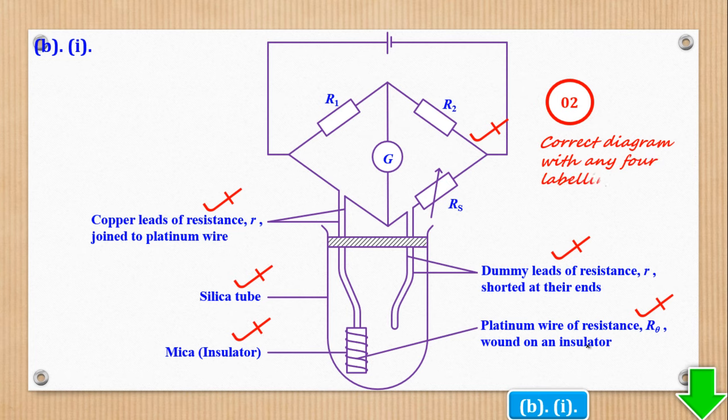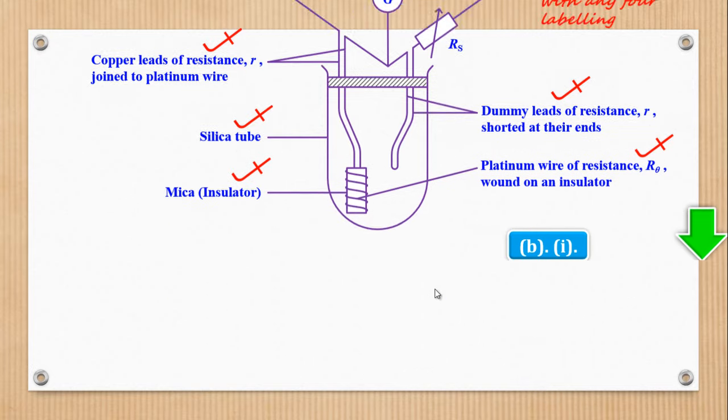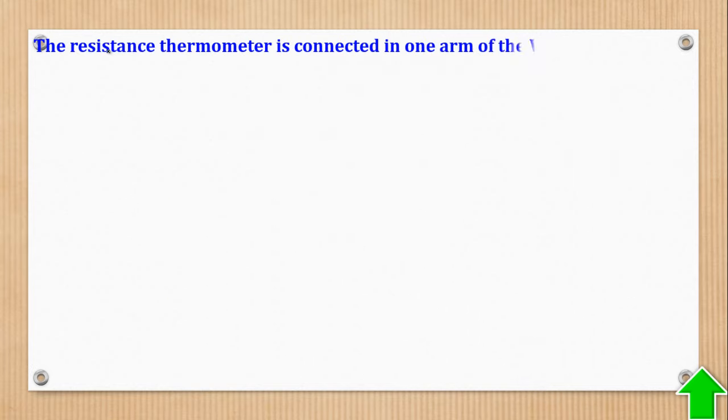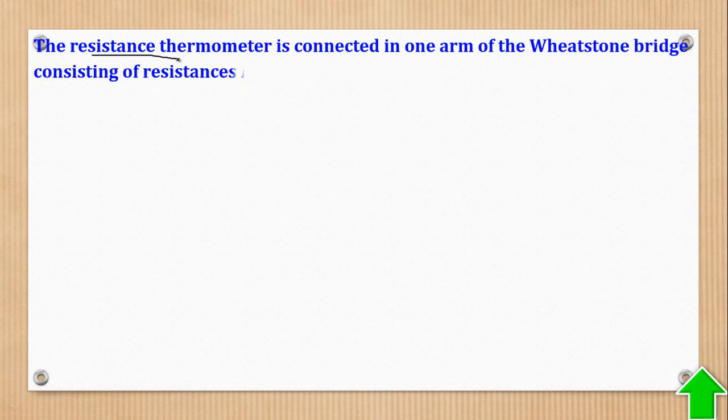Okay, so 2 marks were for the diagram, then the remaining 4 marks were for the body. So we shall come here and try to write something on the body. 1, we shall begin by saying that a resistance thermometer is connected to one arm of the Wheatstone bridge consisting of resistances R1 and R2 which are equal.